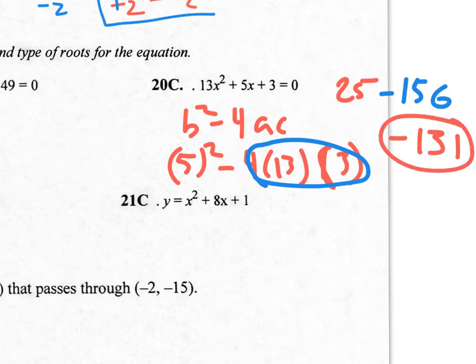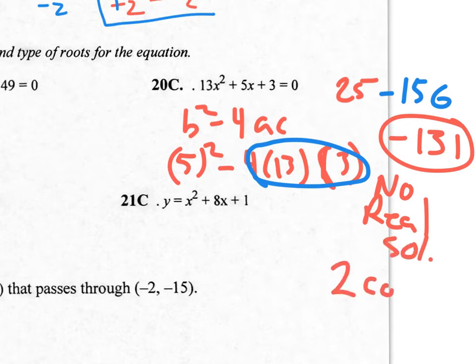Now, because my discriminant value is negative, what could I say about my answers? It has no real answers, right? Or no real solutions. Or you could say that it has two complex answers, or two complex roots, or two imaginary answers. But the bottom line is there are no real answers.